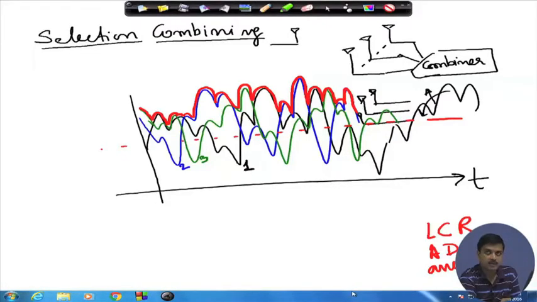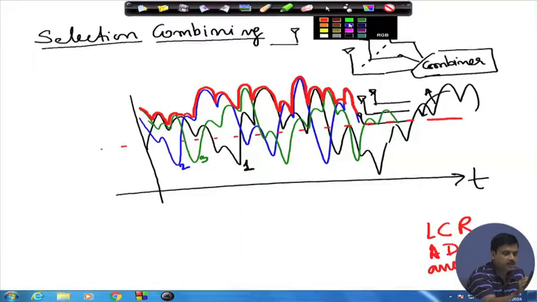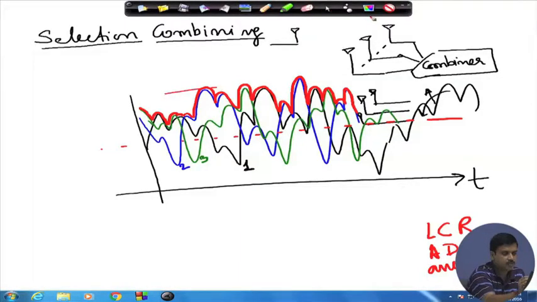The next thing is not very straightforward, but if one looks very carefully, one can find it out. Let us follow the blue curve. The range of fluctuation is from this point to this point.